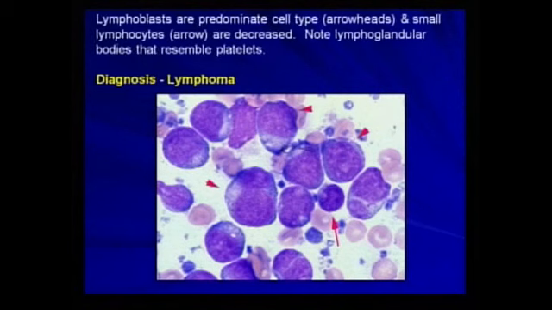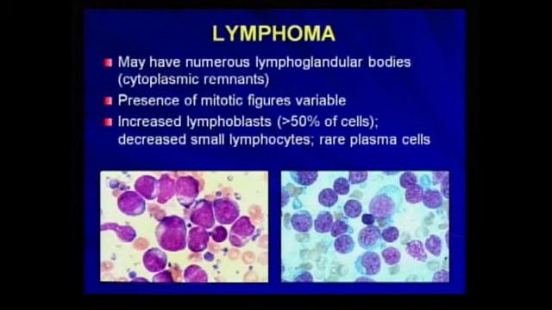So lymphoblasts are the predominant cell type, only one lymphocyte, and numerous lymphoglandular bodies. Note there's no plasma cell here. There are no neutrophils or macrophages or anything else. It is very nice when you get the aspirates of the hard lymph nodes that are totally monomorphic and all the cells look alike.